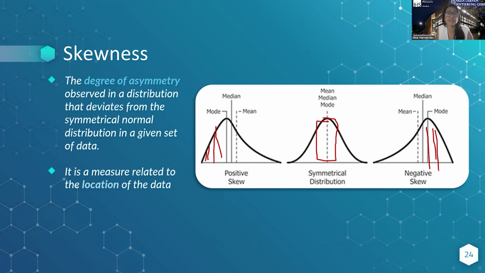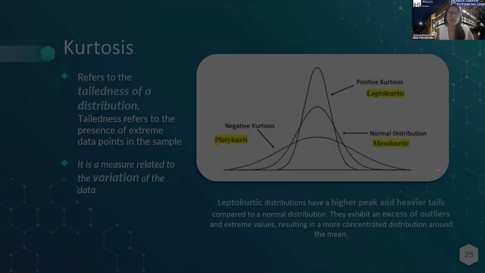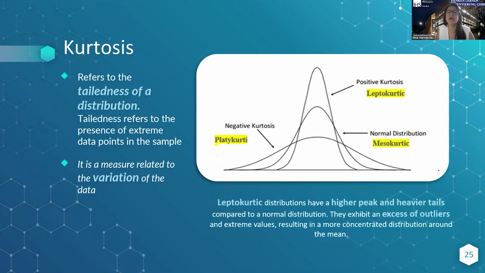The other thing that can go wrong with your data is to have kurtosis. Kurtosis is a measure related to the variation of your data, not where your data is located, which was the case of skewness, but a measure of how much is the variation of your data. And here is where the outliers are really messing up your normal distribution.